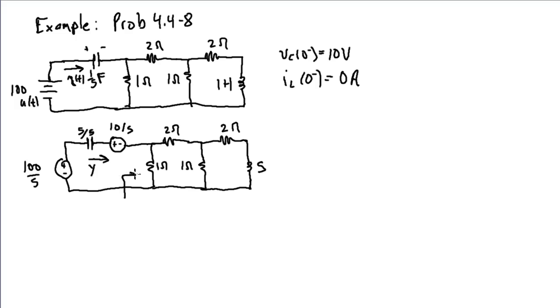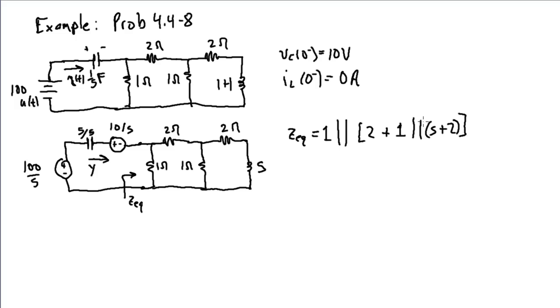I'll find the equivalent impedance looking to the right into this pair of terminals, and so I can see that is equal to, we've got this 1 ohm resistor in parallel with this 2 ohm resistor, which would be in series with, I see the 1 ohm in parallel with the inductor and resistor in series of s plus 2.